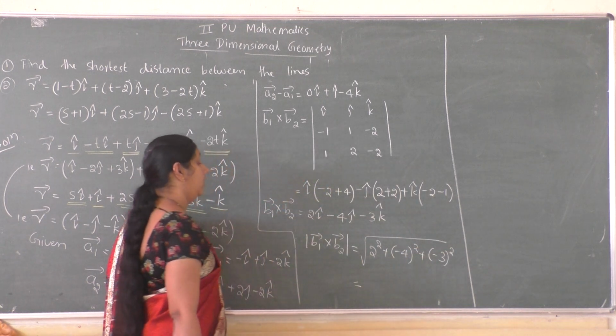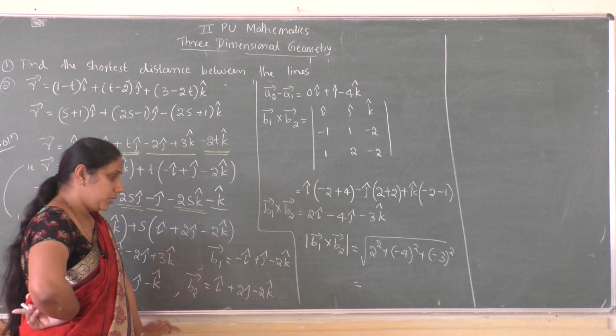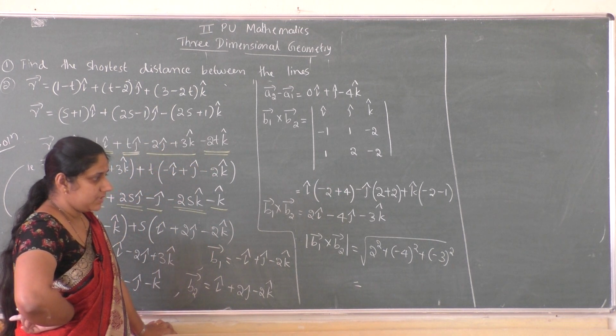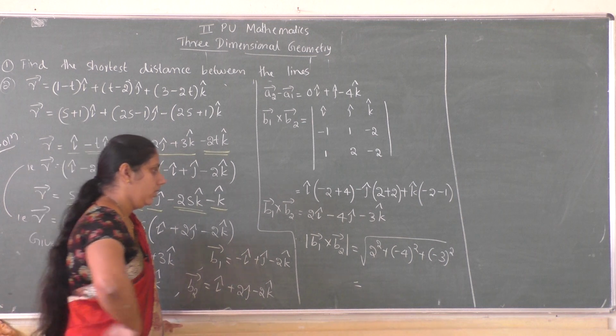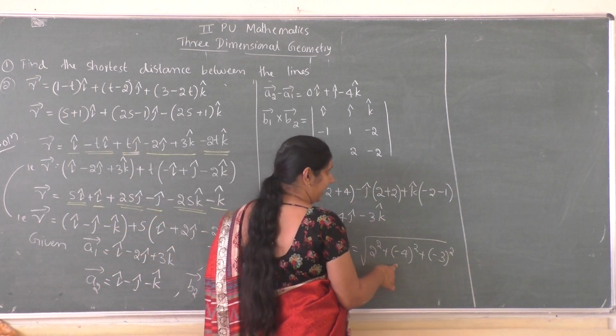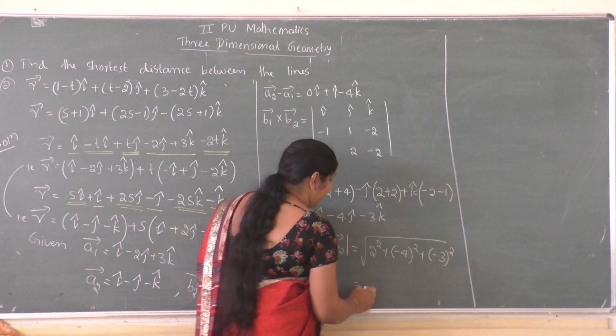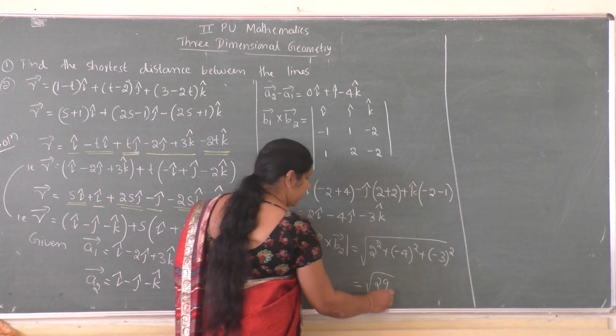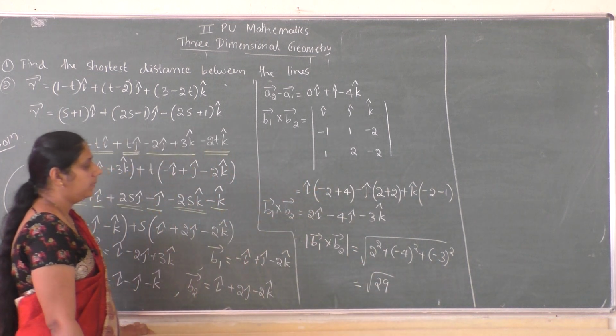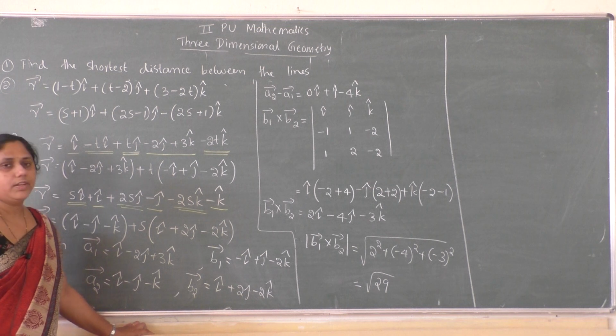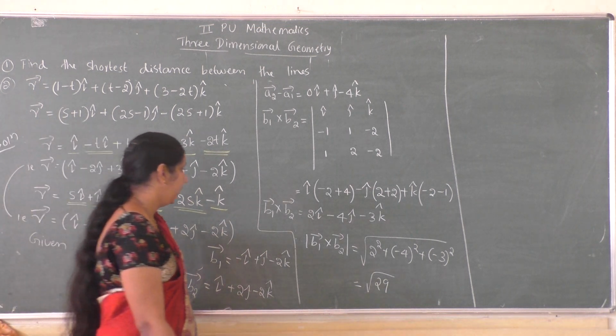How much? 2 square 4, 4 square 16, plus minus 3 square 9. So 4 plus 16, 20, 29. So root 29 will be the magnitude of b1 vector cross b2 vector.